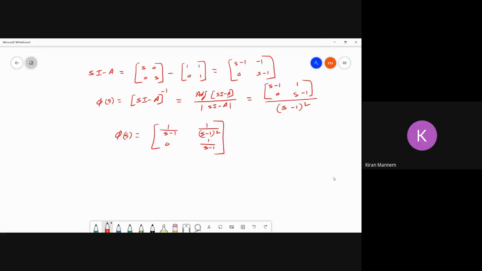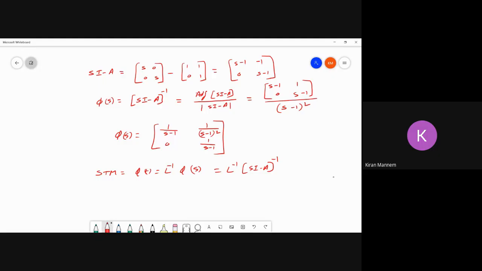Now, what is STM? STM is Φ(t), which is L inverse of (sI minus A) inverse.